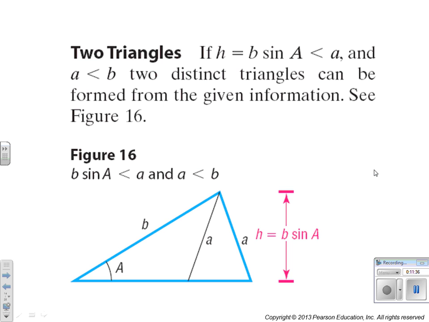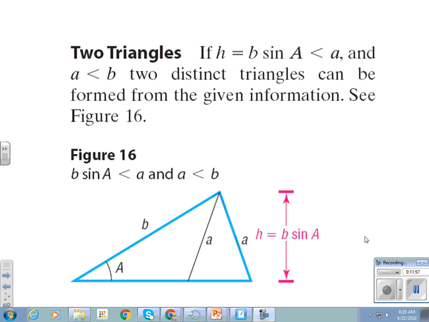If A is greater than B sine A, then you have two possible triangles. You have an oblique triangle that could possibly be this, or you have an acute triangle that could possibly be here. When we get the case of two possible triangles, we have to solve for both of them.